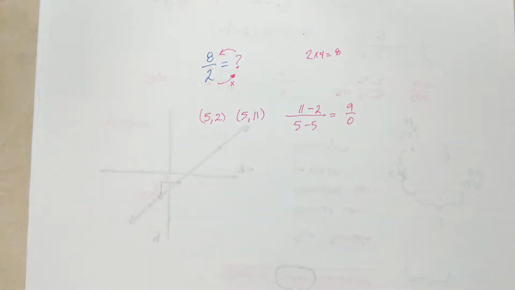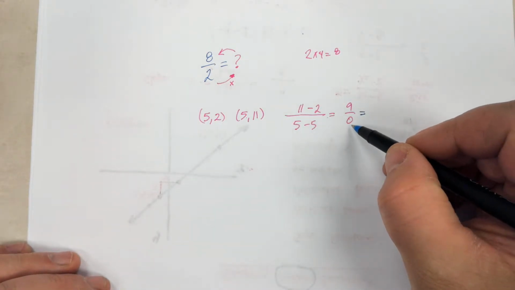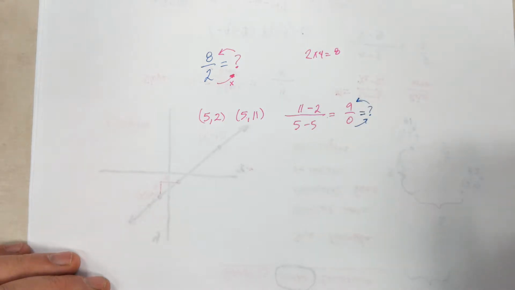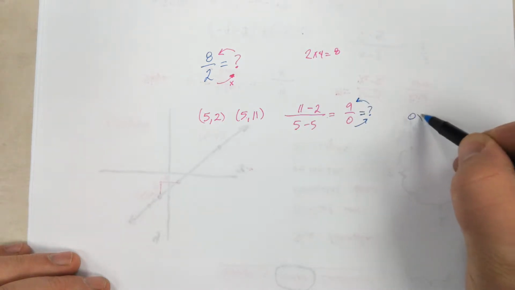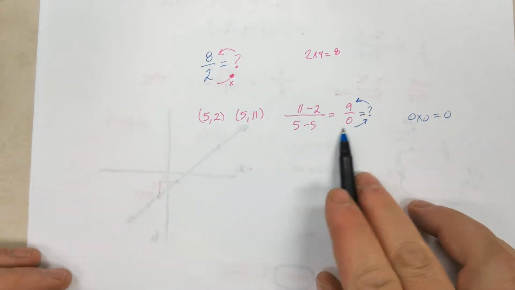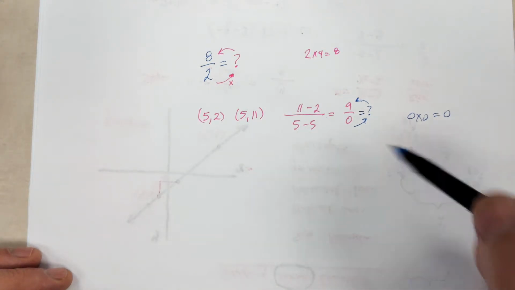That's a problem, because what this really means is 0 times what number equals 9? Well, 0 times 0 equals 0. There's no number times 0 that equals 9. That's impossible. That's not a number.